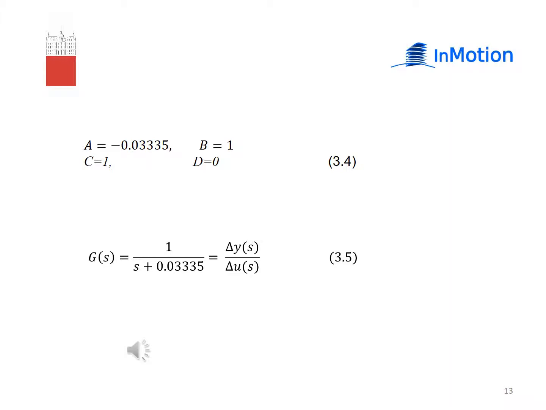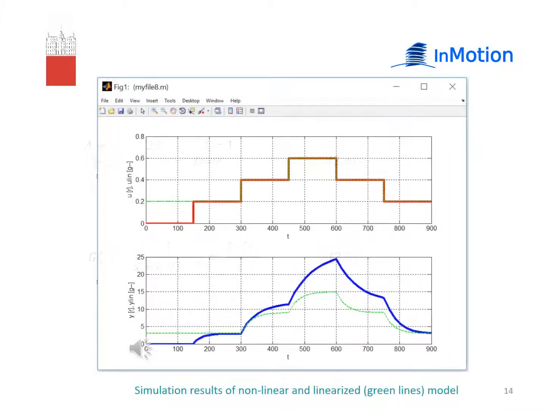By executing myfile8.m, the linearized model is calculated, as presented by equations 3.4 and 3.5. And in this figure, the responses of the linearized model are presented with green dotted lines.